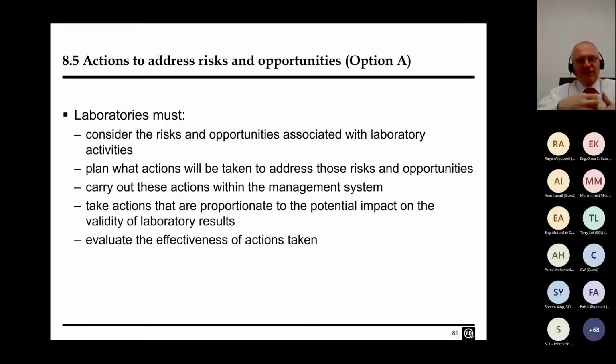The risks should be identified, and that should feed the actions we're taking within our system. Those actions should be proportionate to the potential impact on the validity of laboratory results, or impartiality, or effectiveness of the laboratory, the operation. And we need to evaluate the effectiveness of actions taken.